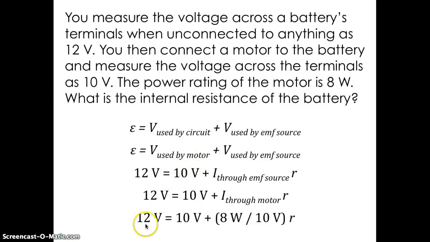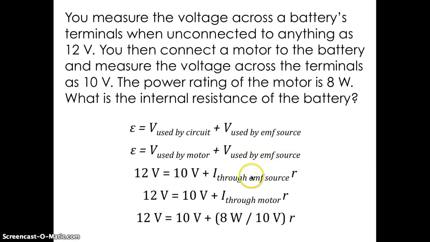And we know the voltage used by the motor is 10 volts, because when you connect the motor, you measure 10 volts as the potential difference across the terminals, which means the motor is dissipating the full amount supplied from the terminals, which is 10 volts.